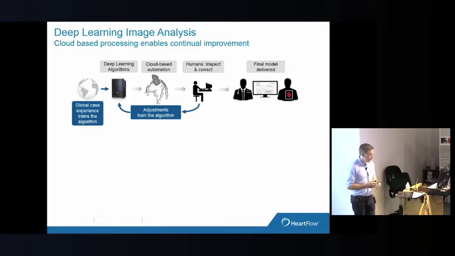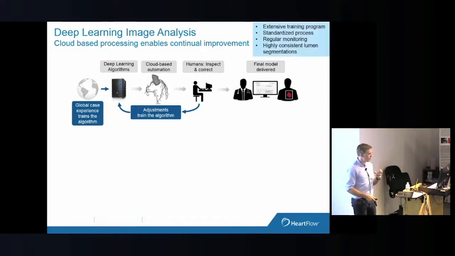One of the advantages that we have as a service-based model is that as corrections are made of the automation, we can feed those corrections back into the deep learning algorithms. And because we are putting so much effort into training and the way these corrections are being made so that they're very standardized, we actually have very excellent, very consistent training data on which to train our algorithms.